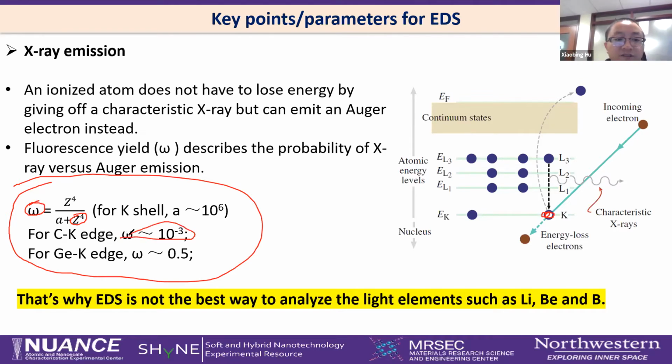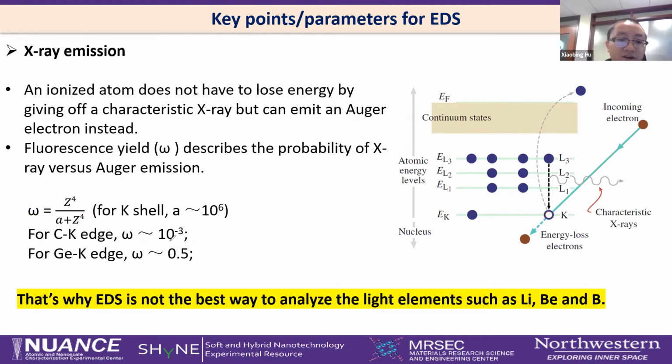For example, for carbon, the yield is only about 0.001, so it's very low. That's because when the electron interacts with carbon, the ionized carbon atom mostly prefers to give off the energy by emitting an Auger electron.